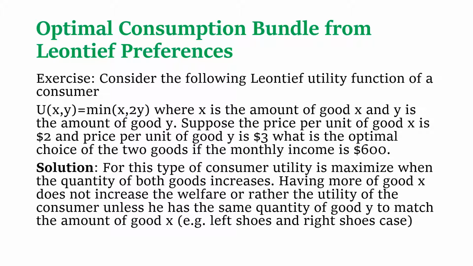So that's why I say here, having more of good X does not increase the welfare or rather the utility of the consumer, unless he has the same quantity of good Y to match the amount of good X. That is the only time when the consumer maximizes utility. So this is the reason why the point of optimality occurs at the kink of the indifference curve.